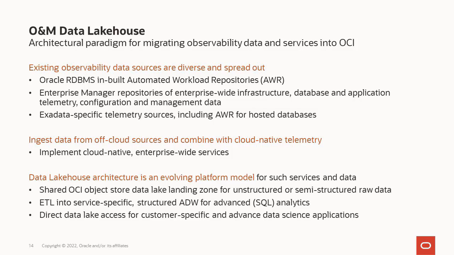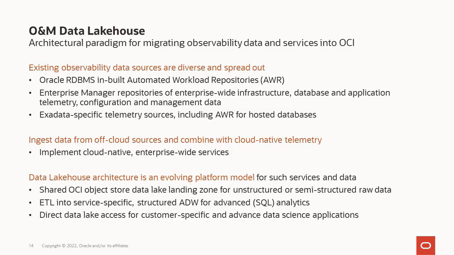Another aspect is that a lot of customers are already very sophisticated about some of this data. AWR data is used by lots of expert DBAs in various ways. So one thing we think will be very useful is giving customers direct access to the unstructured data in the data lake for their own advanced data science, or very specific applications that may only make sense for a customer or two.